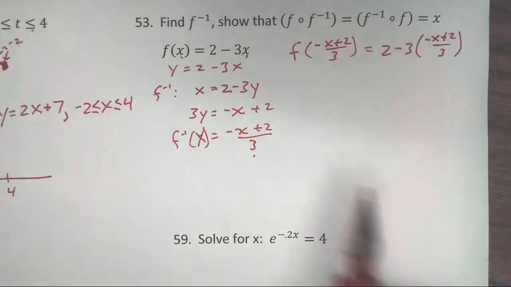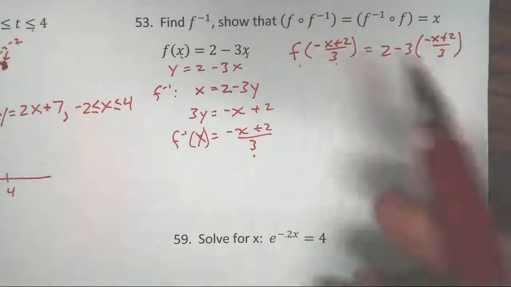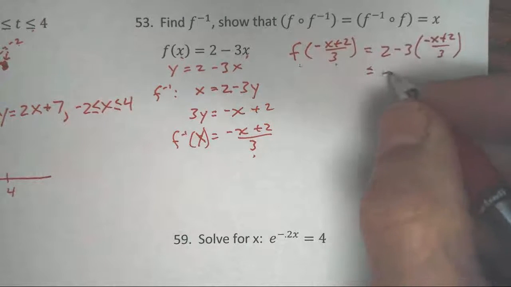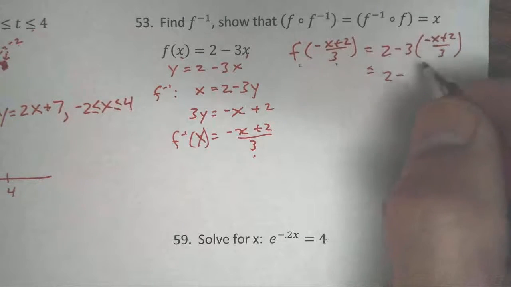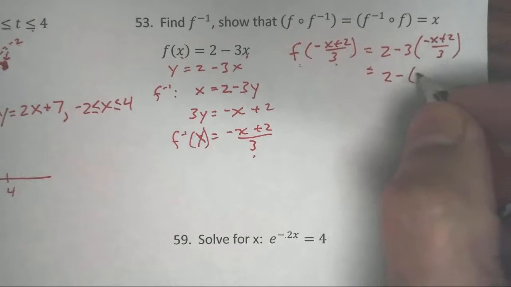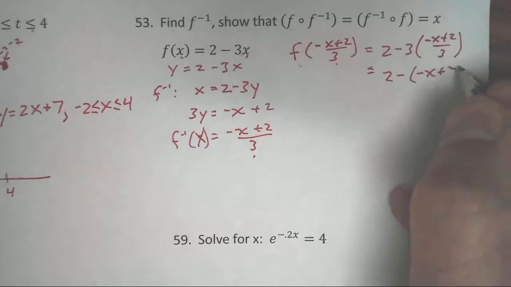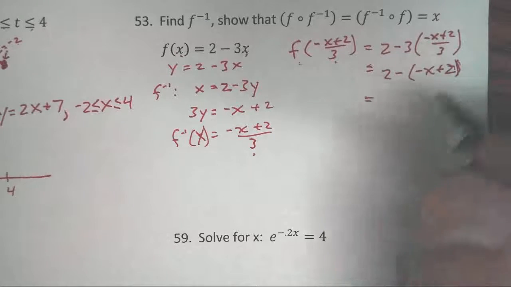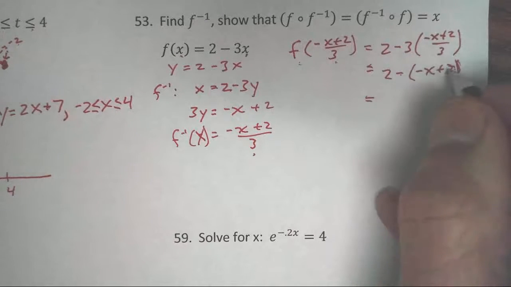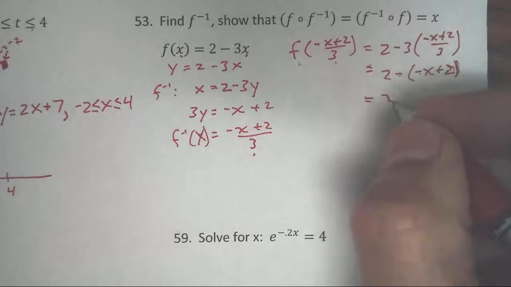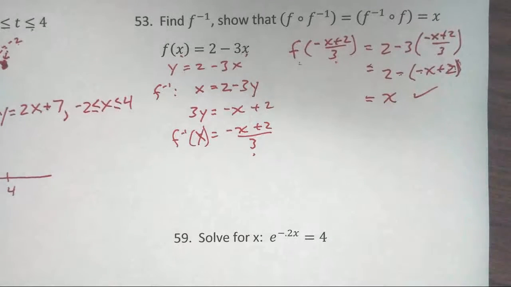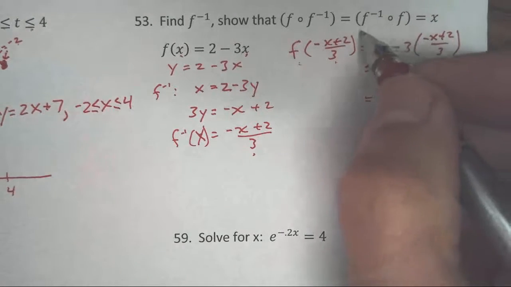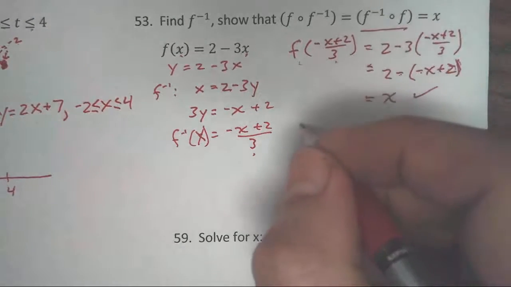That is f of f inverse. So this is 2 minus, the 3's cancel, negative x plus 2. And then 2 minus the 2 cancels, negative, I just get x. So that's good. And now I'm going to just make sure it works the other way.